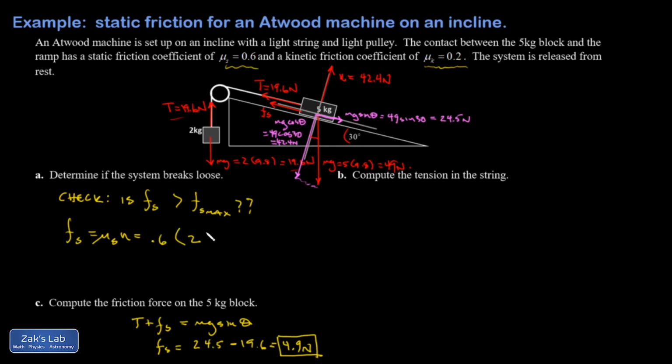So yeah, I think we're going to be fine. That's 25.4. So the maximum possible static friction force is 25.4 newtons. And since we only require 4.9 newtons to keep the block held in place, the system is not going to break loose.